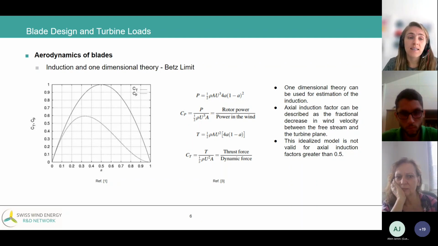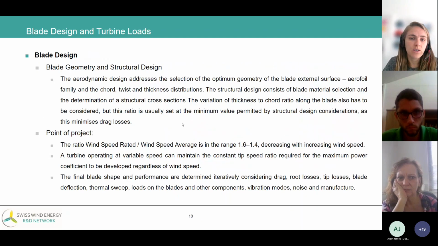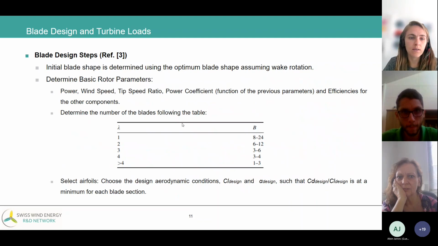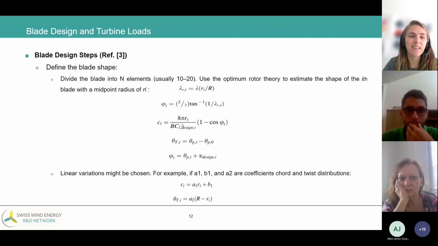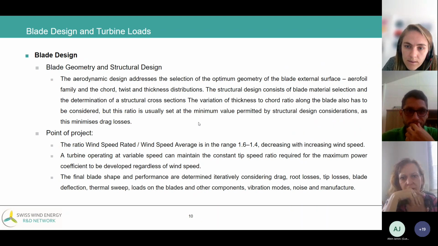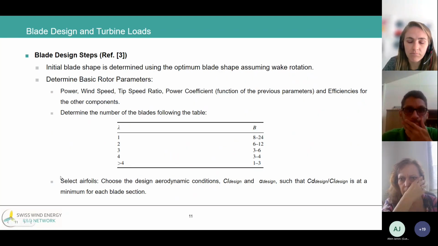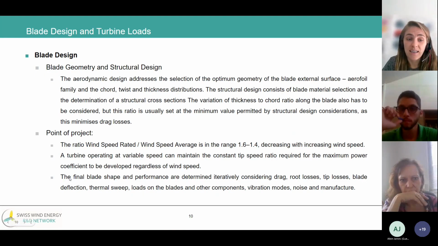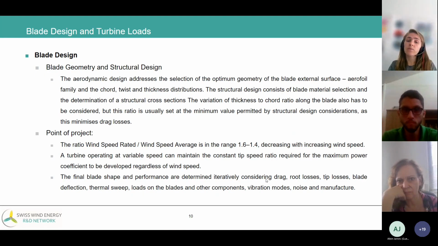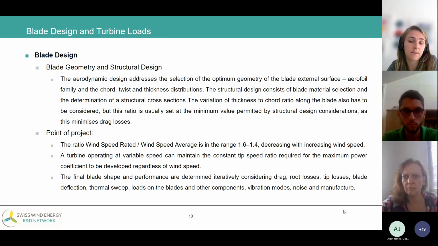But then there are things that aren't here, which I just mentioned but we are not going to calculate here. For example, here I included drag, root losses, tip losses, and blade deflection, which is basically that the blades are very elastic, let's say.